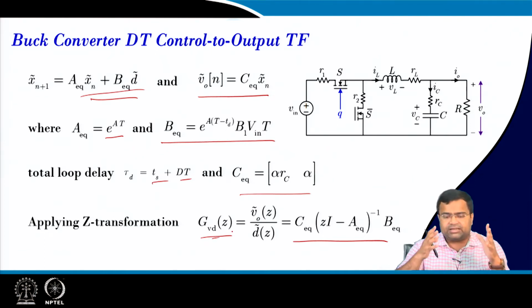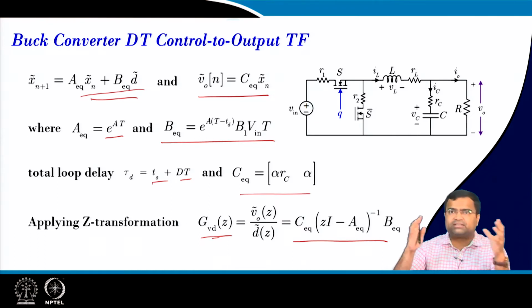But z is an irrational function of omega. So, if you use MATLAB, by default it will convert into the w domain, which is a kind of bilinear transformation, that means z will be replaced by w, which is a complex number in the frequency domain.